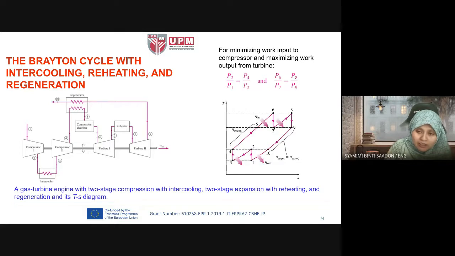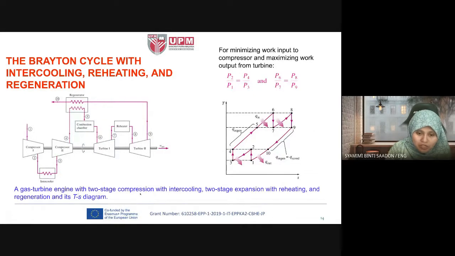But the benefit is that we can maximize the work output from the turbine. So the expansion process occurs 2 times, from 6 to 7 and 8 to 9, and the work output is maximized.